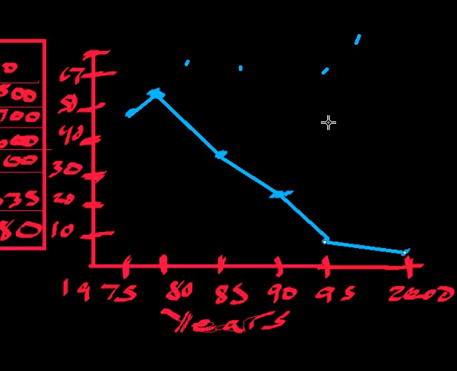Cool. And now from this data, what you can do is actually start to interpret information. You can say, hey, I don't really know what the value was in 1983 because it's not a point on here, but I can actually interpolate and kind of guess, hey, it's got to be between these two values. I'm going to say it's probably close to about 40,000.